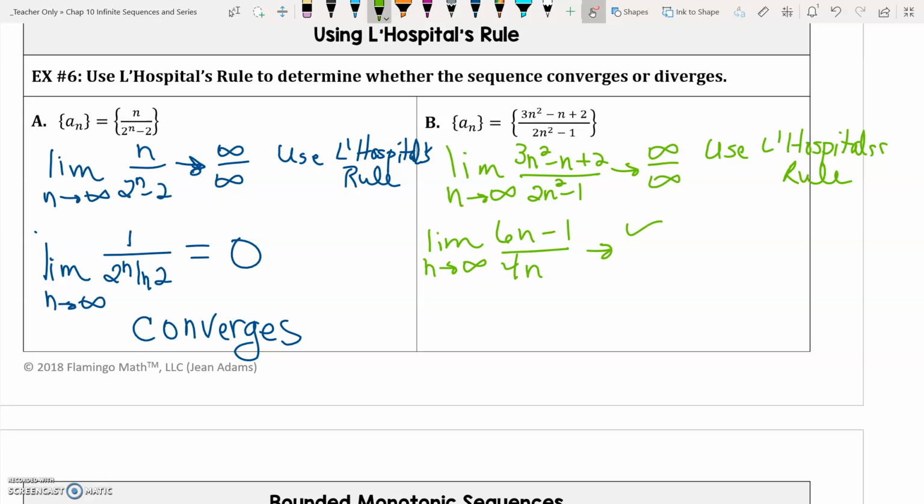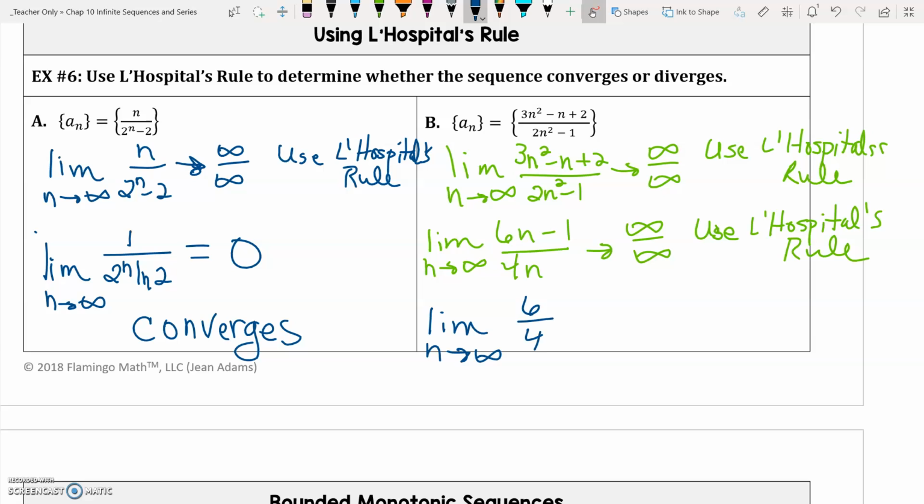And again, we're still having infinity over infinity. So we're going to use L'Hopital's rule again. So this time, we're now going to take the limit as n approaches infinity of a constant, 6 over 4, which is 3/2. So this sequence, of course, converges, since our L is a real number.